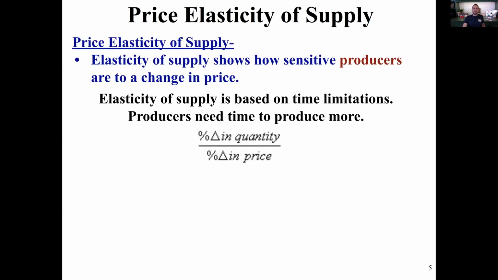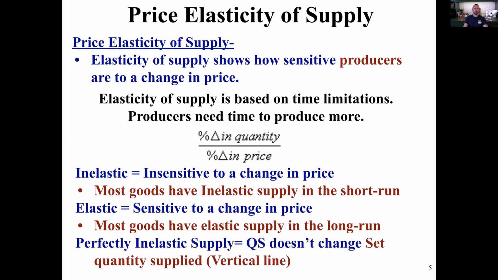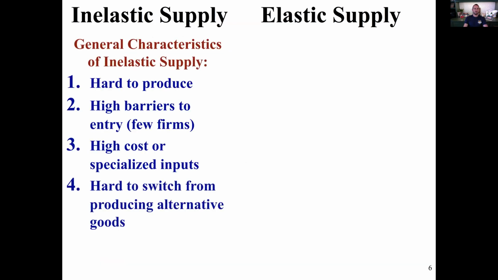You have to produce them. So in the short run, the supply is going to be relatively inelastic because it takes a little while to engage in the production process. In the short run it's going to be inelastic, but the longer firms have to adjust, the more elastic it's going to become. That's pretty much it.